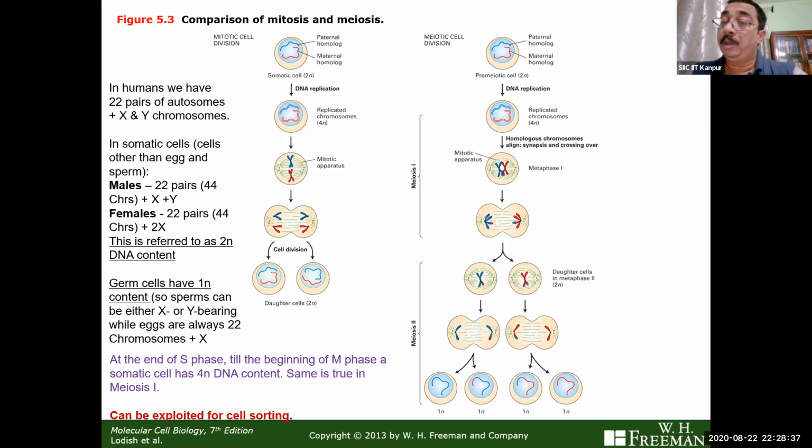Some of which will be detrimental. So that progeny or that kid, that next generation will not be able to survive. So the bad experiments are eliminated from the system. But there will be few that will provide selective advantage to the next generation.